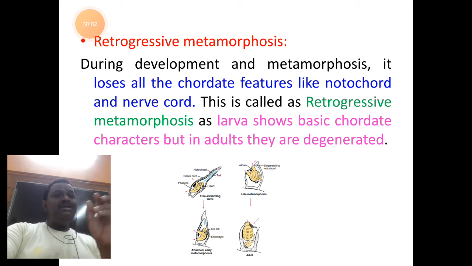So notochord and nerve cord are the advanced characters of a chordate, but they are present during the larval stage, not in the adult. So when metamorphosis goes in a reverse process, we call it retrogressive metamorphosis, where larvae show advanced characters of a chordate, but not their adults. Adults show degenerating characters because they don't show the presence of notochord, nerve cord, etc., which we call retrogressive metamorphosis.